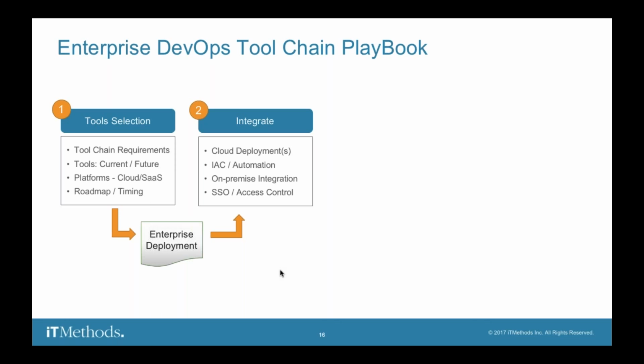And then for most enterprises, the whole SSO, so single sign-on or user access control, is a big area that has to be looked at. So we work very closely with our customers, understanding their security and compliance standards, and then making recommendations on the best ways to integrate these tools, tools that we deploy on AWS or tools that are integrated to other SaaS providers, into a consolidated, integrated tool chain.